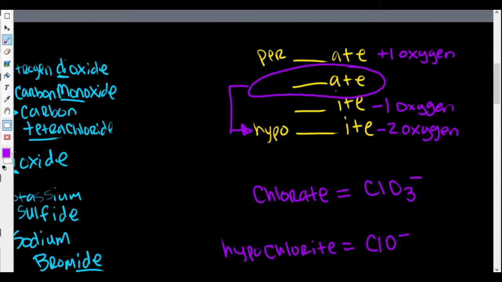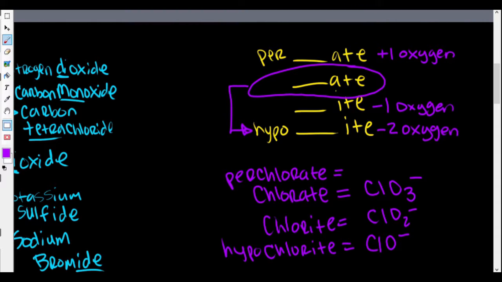Likewise, if we were talking about chlorite, it's only -1 oxygen, so ClO2 minus. And then if we're talking about perchlorate, we're going to add 1 more oxygen to this, so ClO4 minus. You're going to see this a lot with the polyatomics that contain halogens.